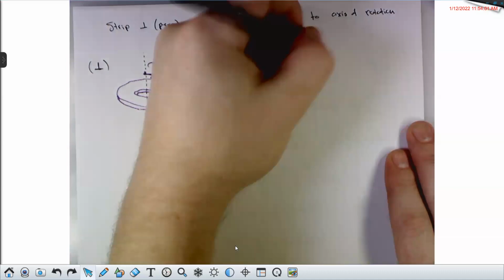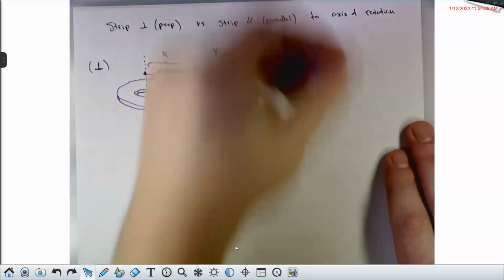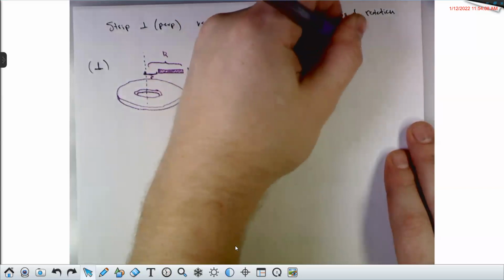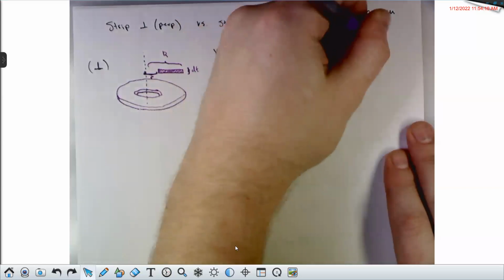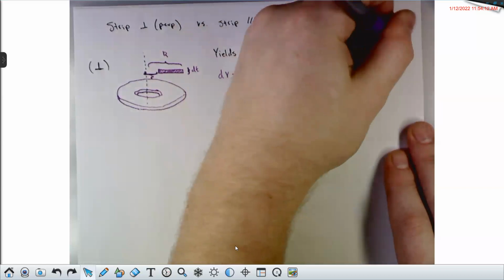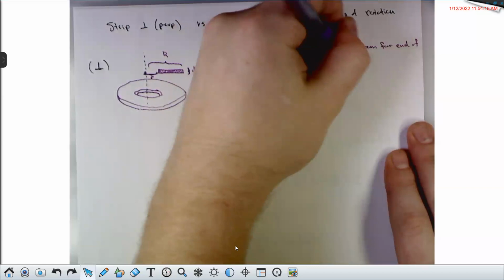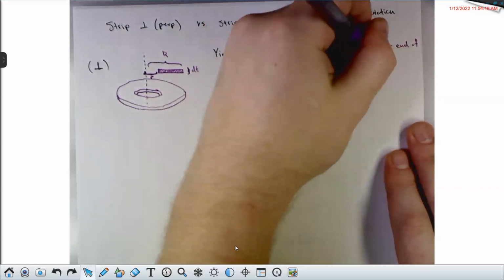Big R is the distance from the far end of the strip to the axis of rotation.